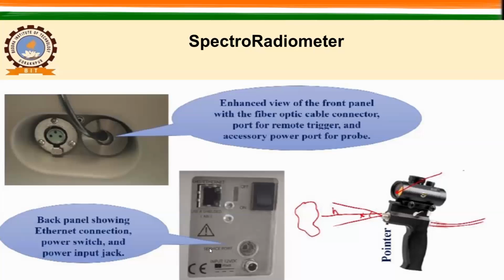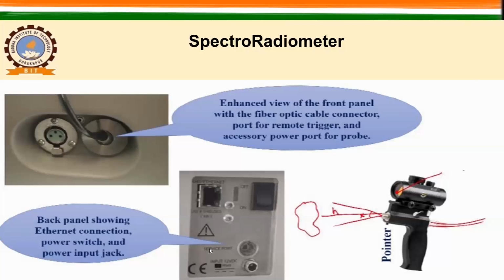So here, this is the fiber optic cable through which your emitted or reflected energy will transfer to your detector, and they are fixed. It depends on the instrument and how it has been designed. In this one the fiber optic cable is fixed, and most of them have internet connection facility.